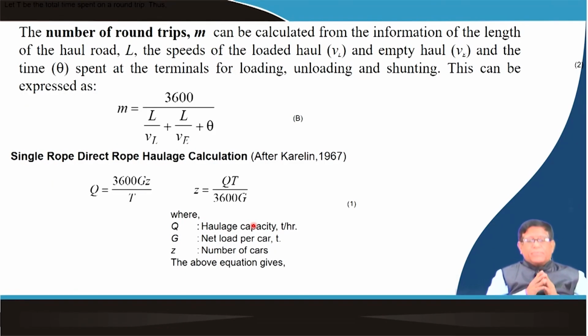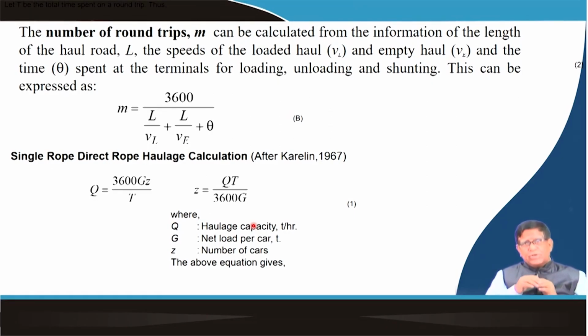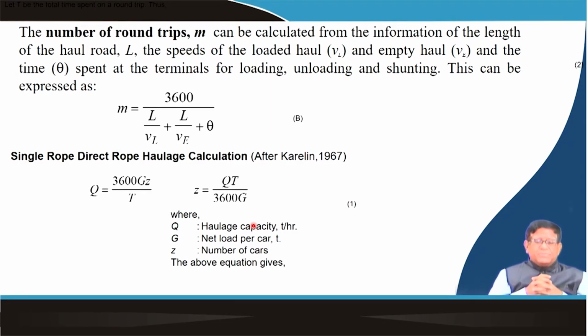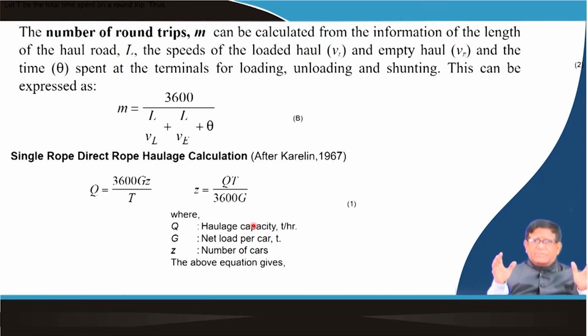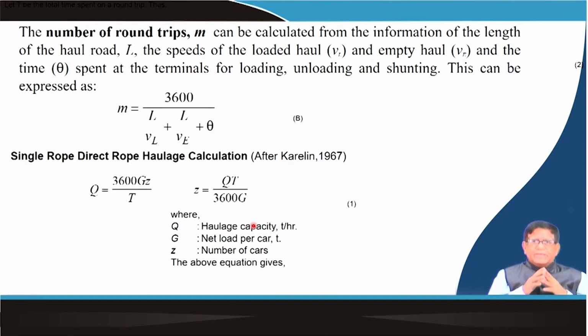It can be calculated from the length of the haul, the speed of the loaded haul and the empty haul. The loaded will be going at a different speed, say VL, and the empties are going with VE, and then the total time theta is spent at the terminal for loading and unloading, because as I said, taking out the cars and putting them into the cage are all done manually. So, most of the time is spent over there.